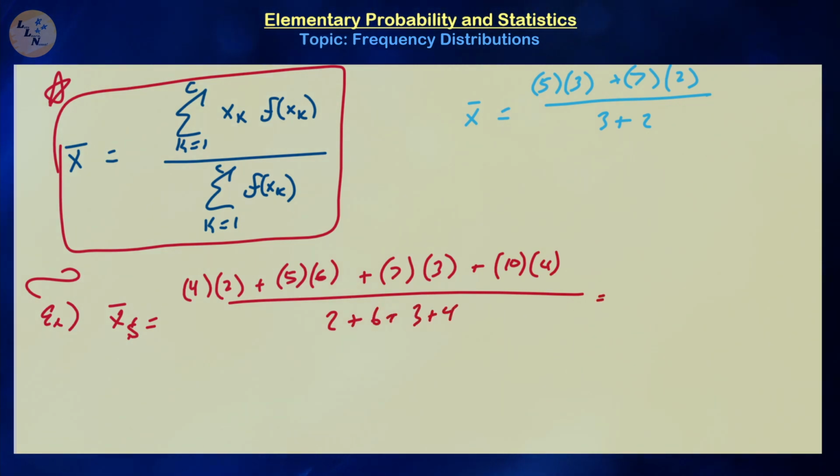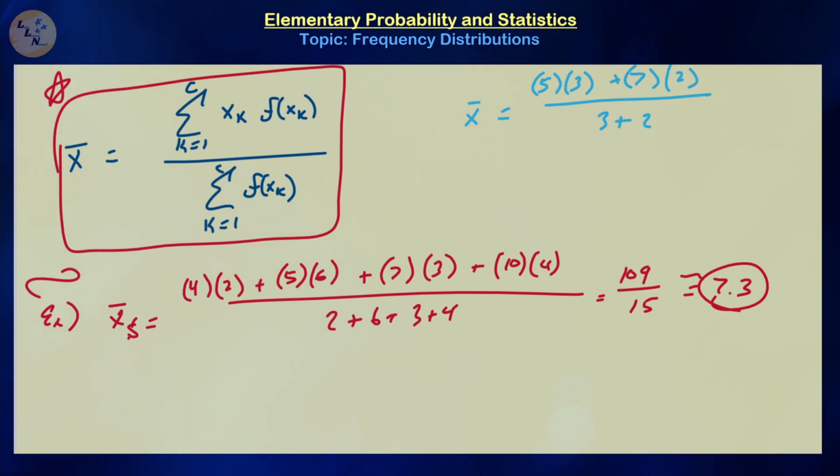Once you work out that math, that's going to give you 109 divided by 15, and that's going to be approximately equal to 7.3. So you can calculate the arithmetic mean from a frequency distribution fairly easily.